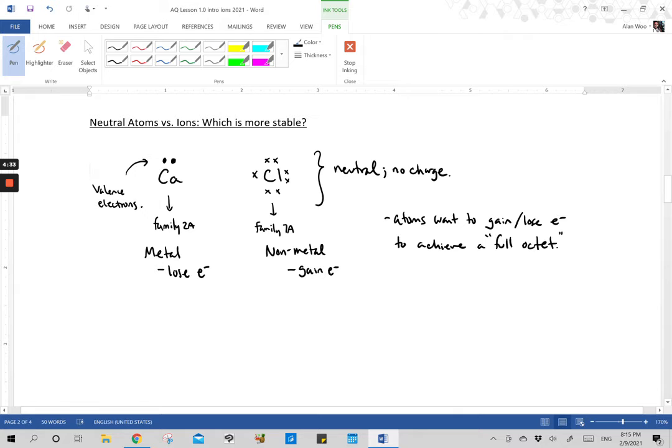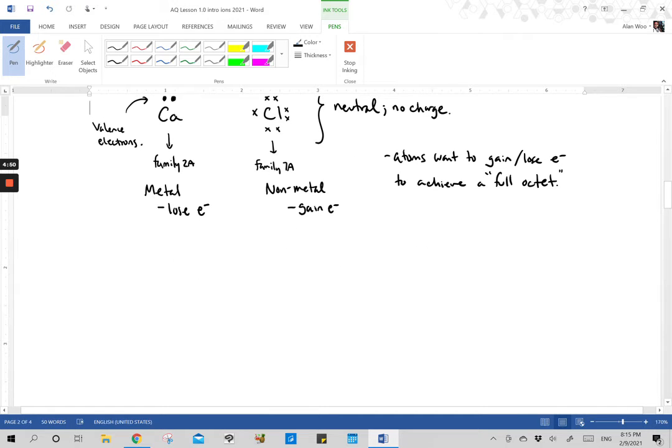And when they lose those 2 electrons, the remaining electrons actually fulfill this full octet situation. So if we keep this in mind, let's look at what happens when these substances either gain or lose electrons. We're going to stick with calcium.